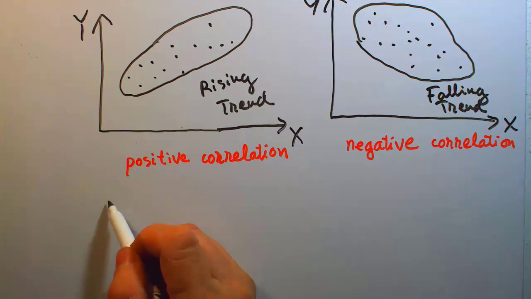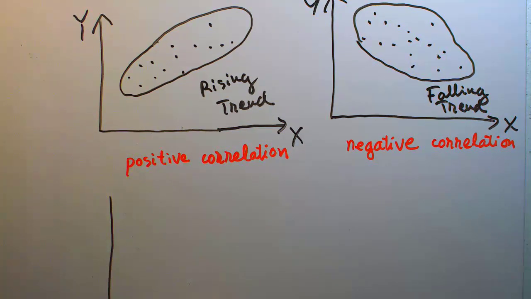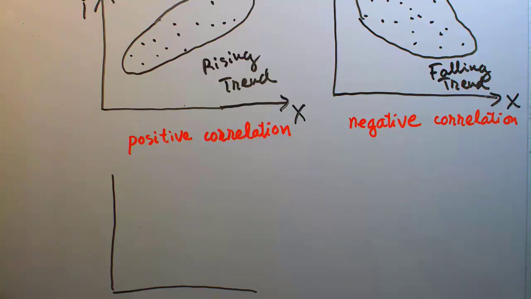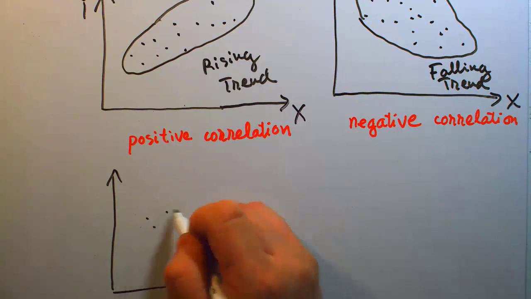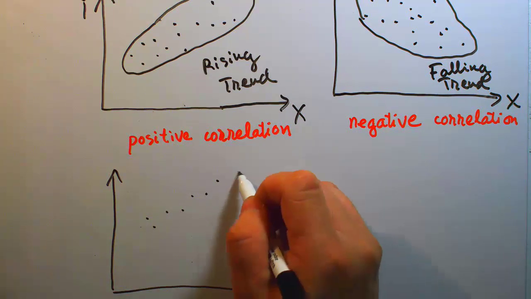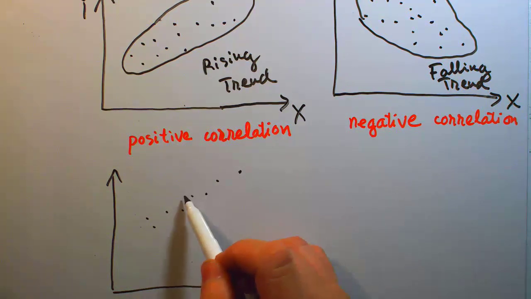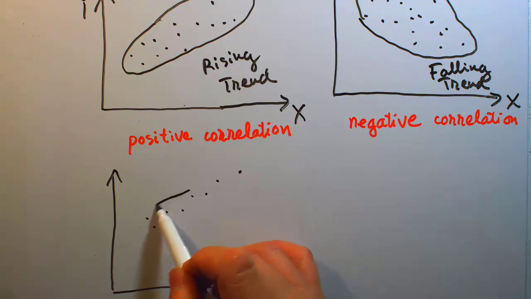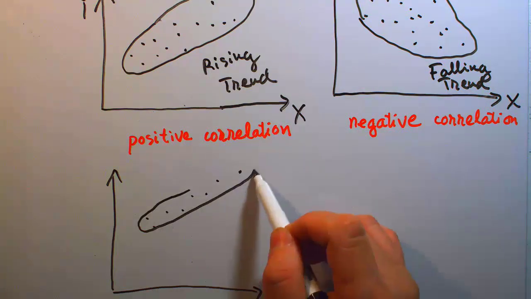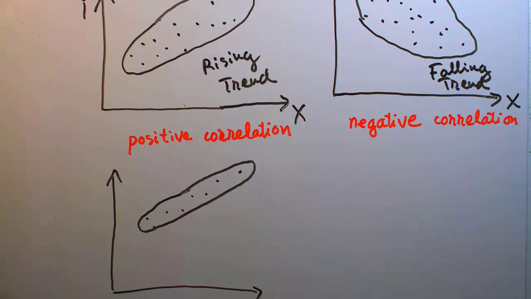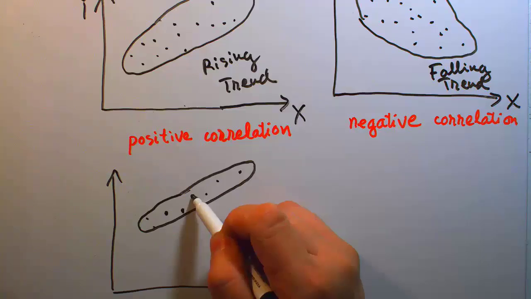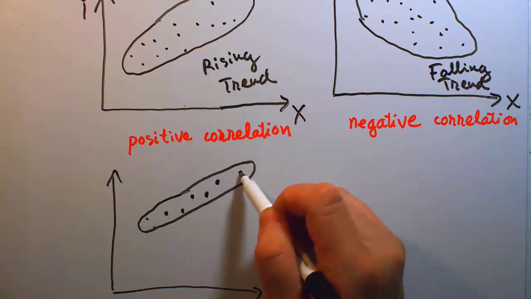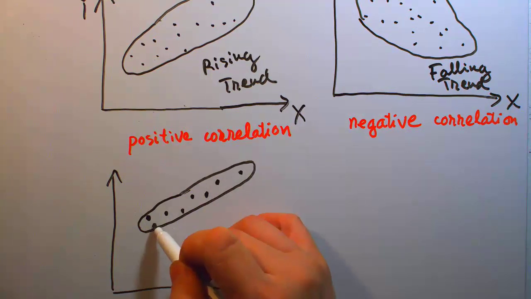But what we notice now is that the points are more closely lined up. So the bandwidth, the entire scatter region became a lot thinner because the points are more recognizably lined up into some kind of line.